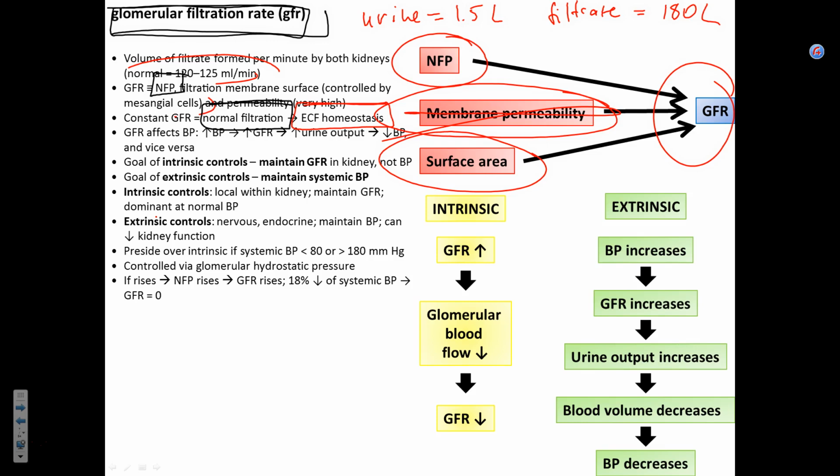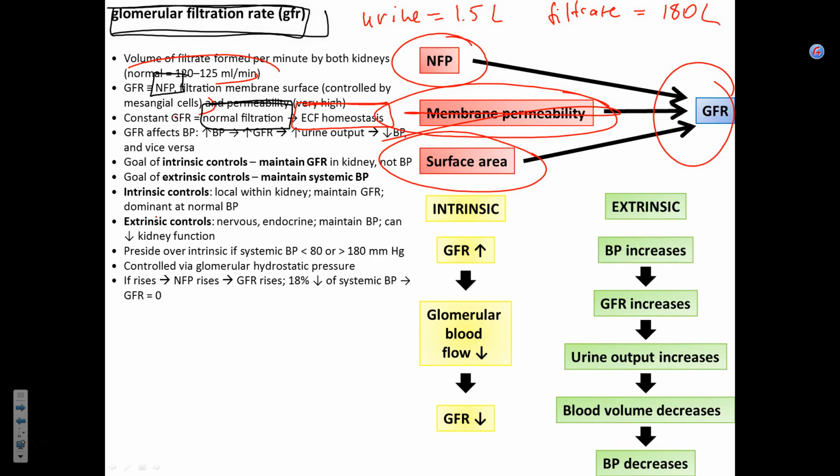Now, the problem is that the whole body has another parameter that it has to regulate by kidneys, the blood pressure. Does that make sense? So if blood pressure decreases, then the immediate response is that filtration through the kidneys decreases.